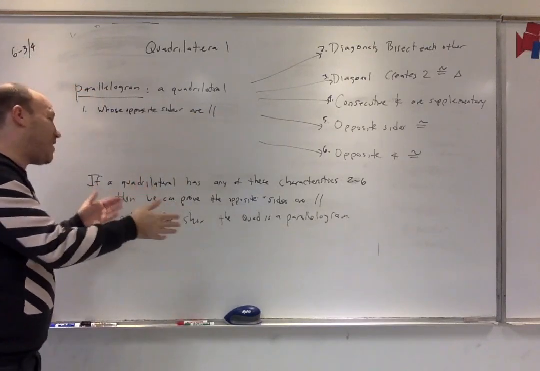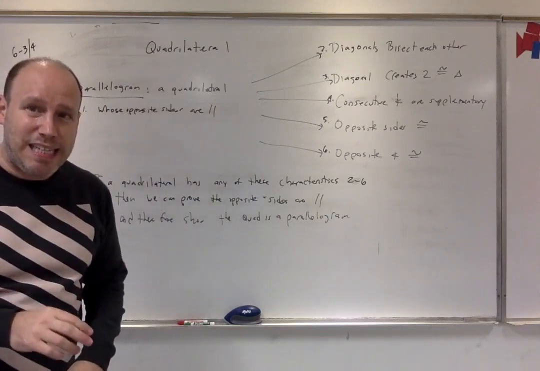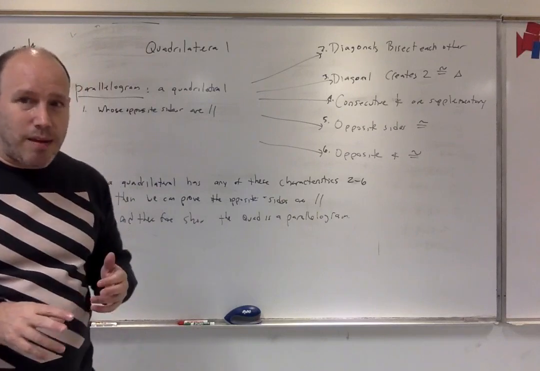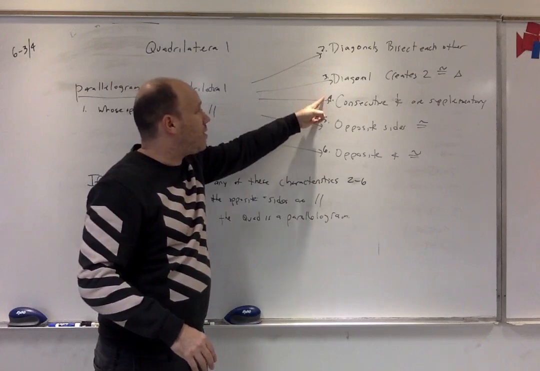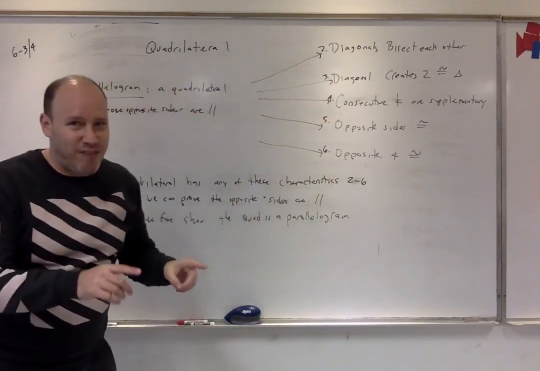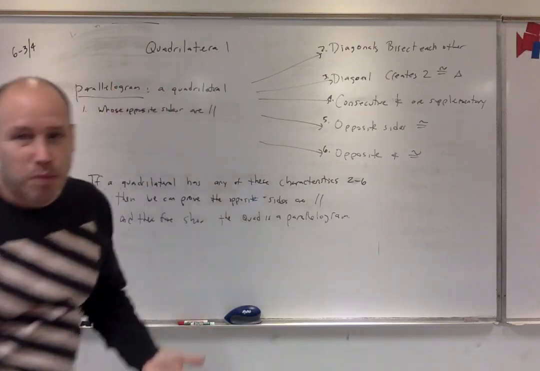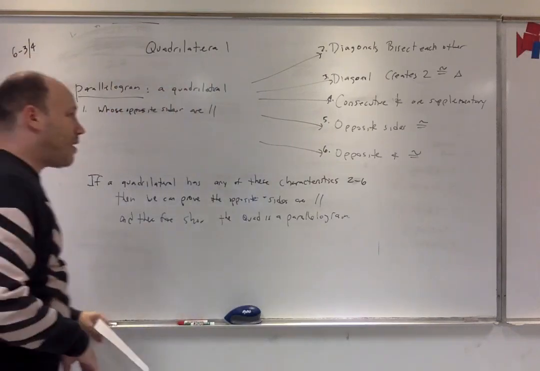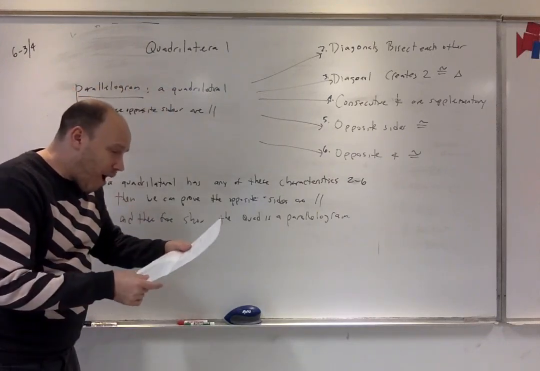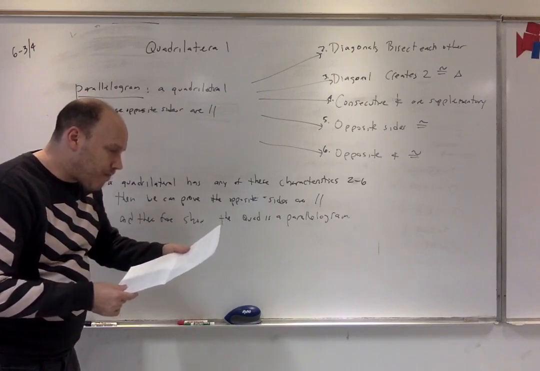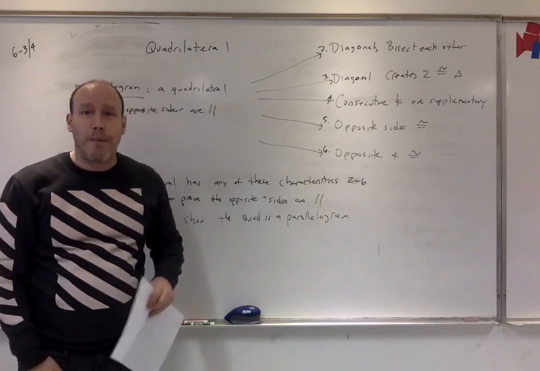And what's interesting, this is kind of cool, if I tell you that quadrilateral ABCD has any of these characteristics, that's enough to prove it's a parallelogram. Let's just pick one. For example, let's say I tell you that the opposite sides are congruent.